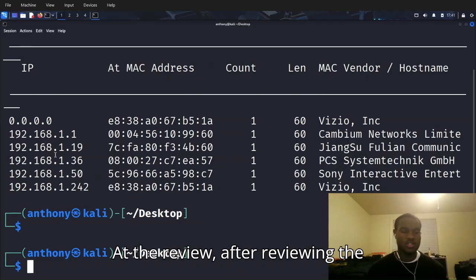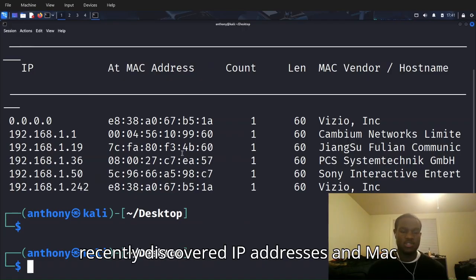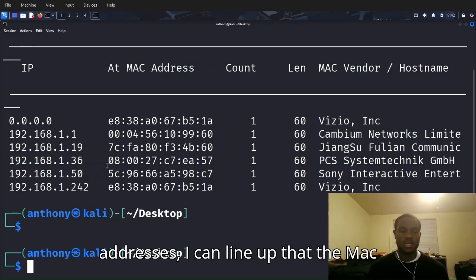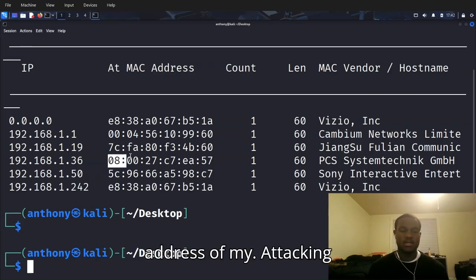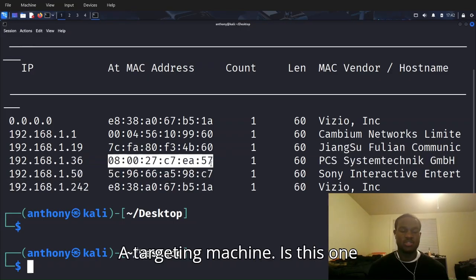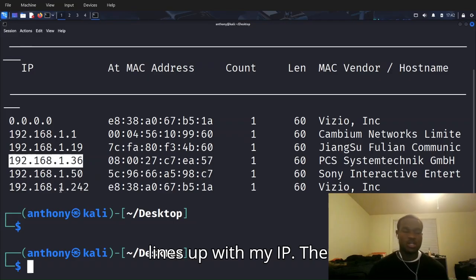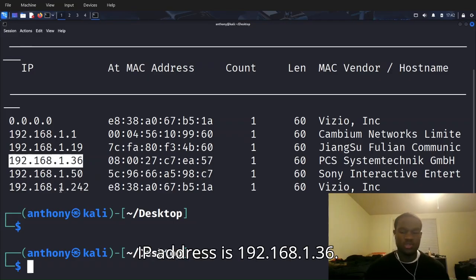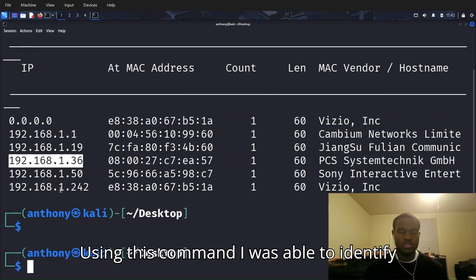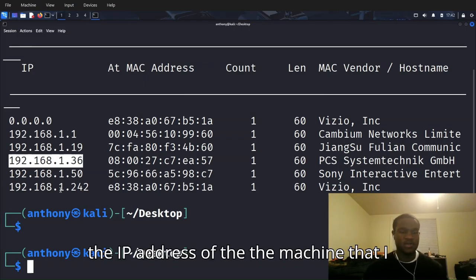After reviewing the discovered IP addresses and MAC addresses, I can line up that the MAC address of my target machine is this one right here, and this lines up with the IP address 192.168.1.36. Using this command, I was able to identify the IP address of the machine that I will be targeting.